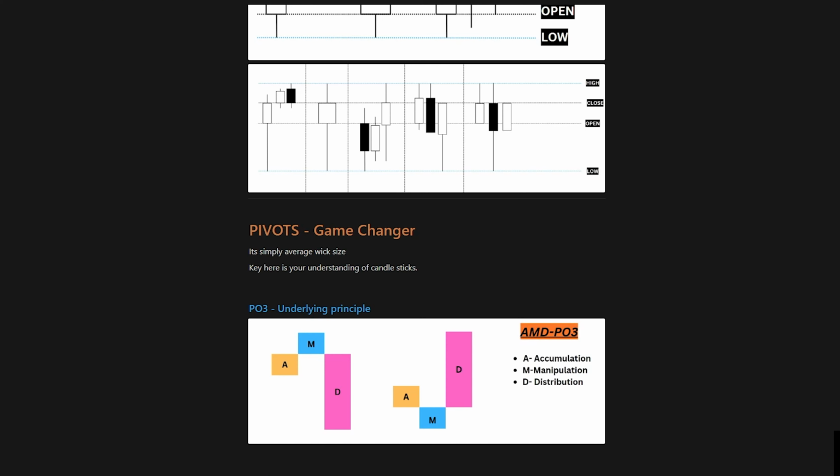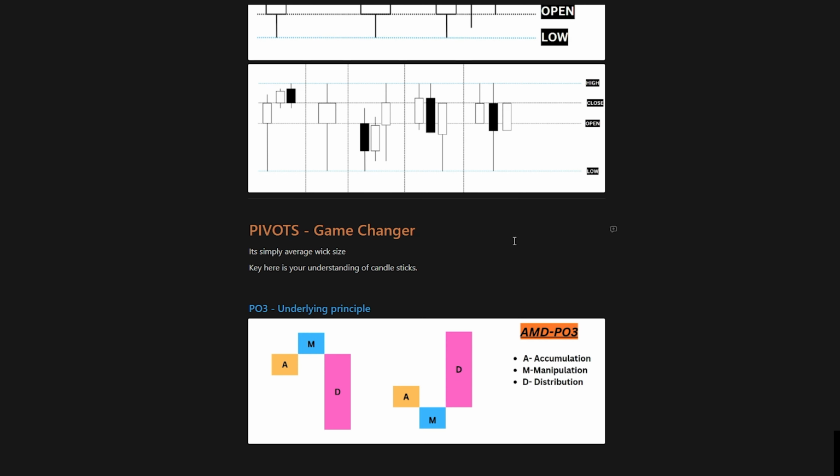The key here is how you understand candlesticks, because a pivot is, at the end of the day, just a representation on a higher time frame. It depends how you understand a candlestick or a trading day in general. So your candle understanding is very important here. If you understood my previous video on the basic candlesticks, this video will help you figure out what exactly I mean by the pivots.